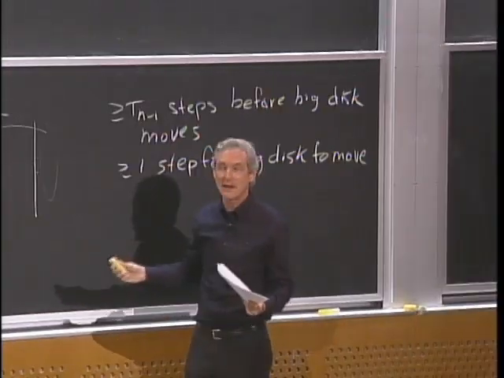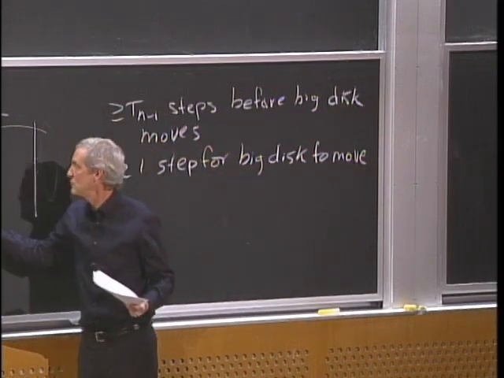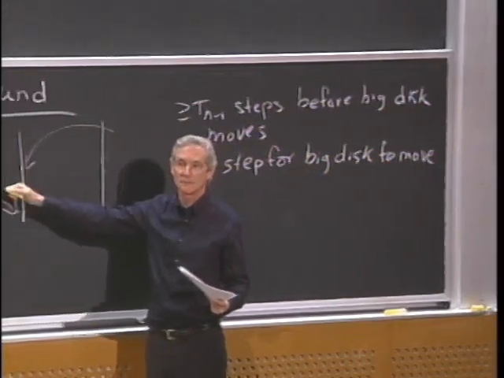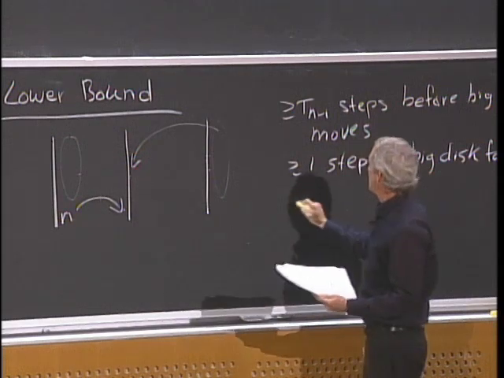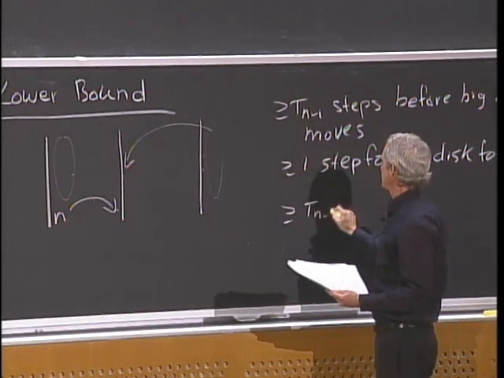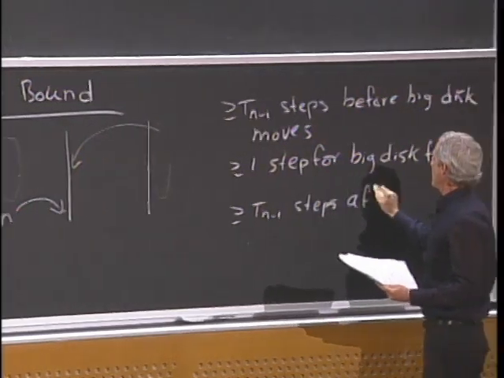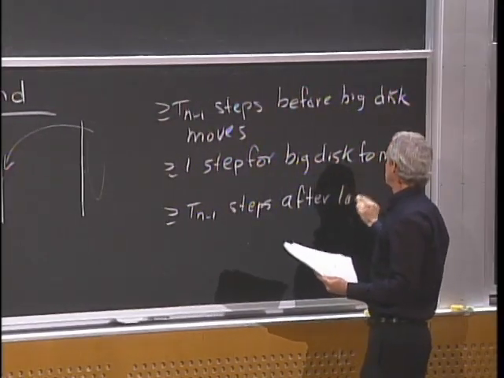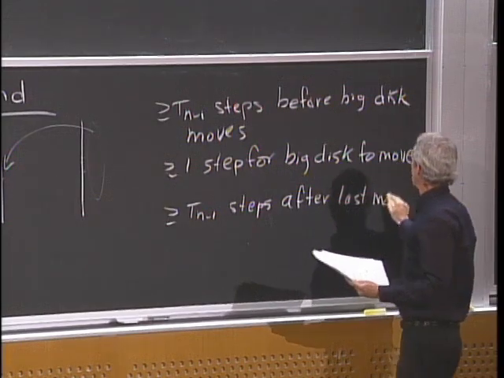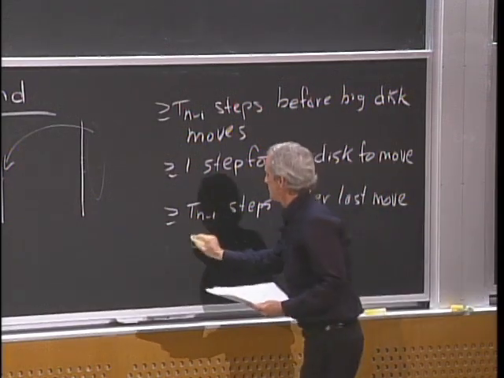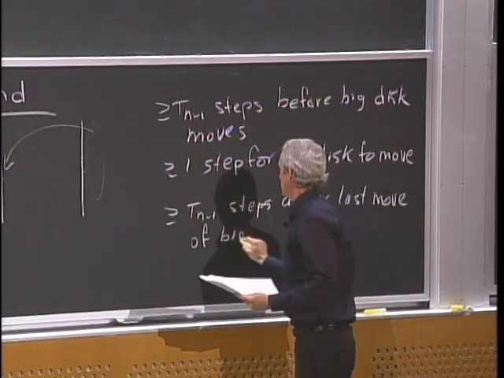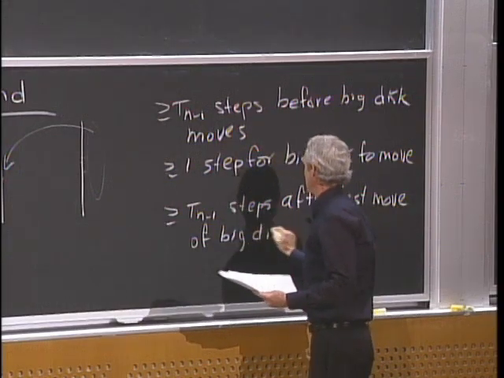At some point, after the last time the big guy moves, everything else has to go on top. And that's another T of n minus 1 steps. So after the last time the big guy moves, you got to take T of n minus 1 steps.